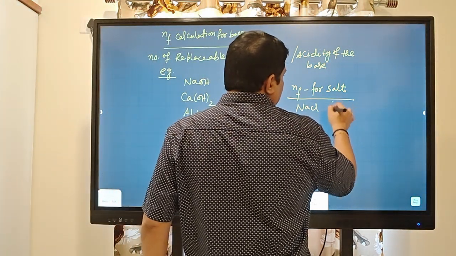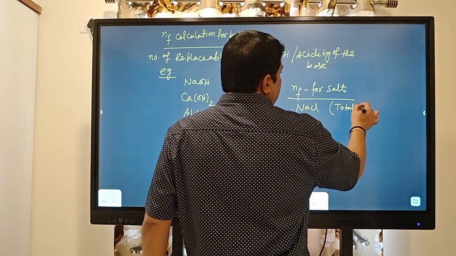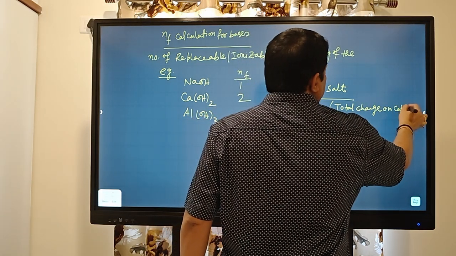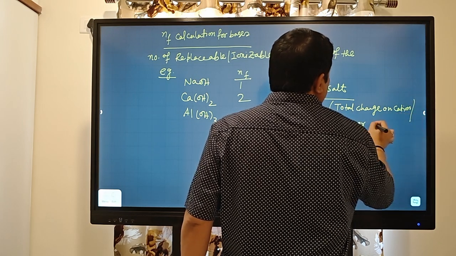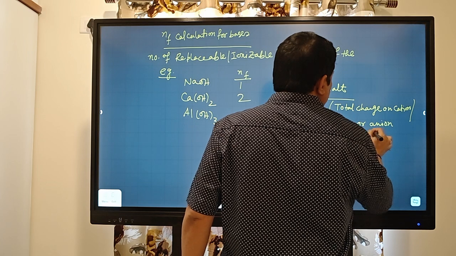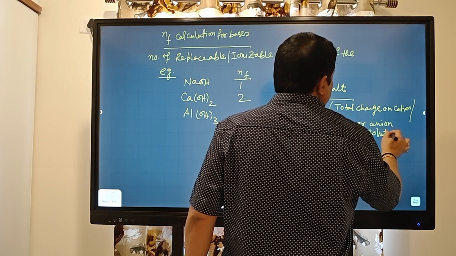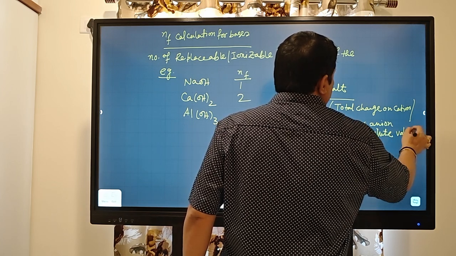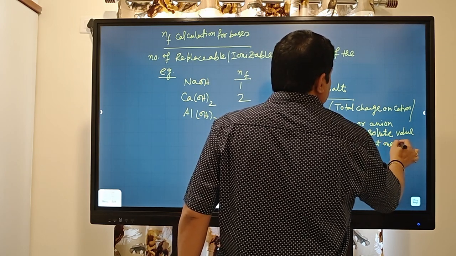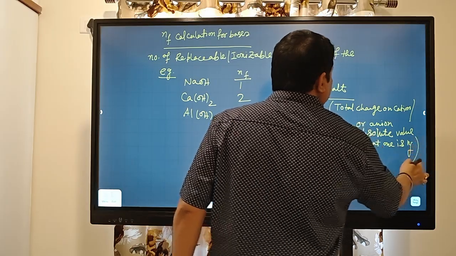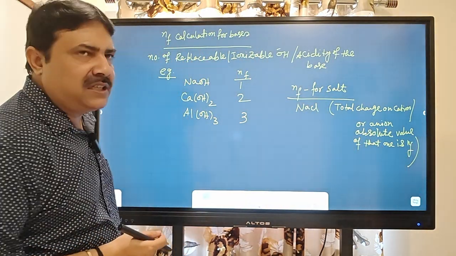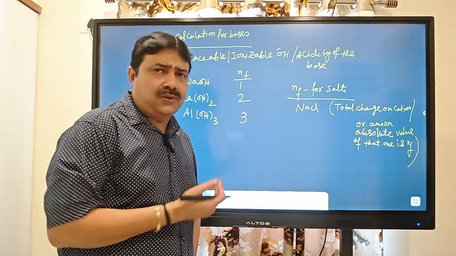Total charge on the cation or anion, the absolute value of that, is the N factor. Absolute value means without sign.